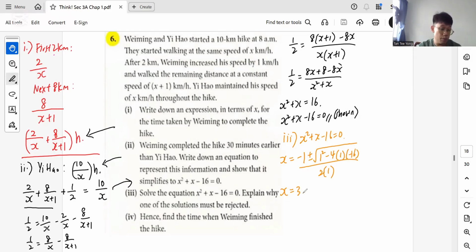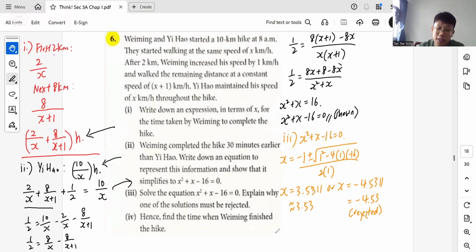So my x is equals to, let me just key in the calculator. x is equals to 3.5311, or x equals to negative 4.5311. Rounded off to 3 significant figures, 3.53 or negative 4.53. So I need to reject this. Why? Because x, which is speed, cannot be negative.